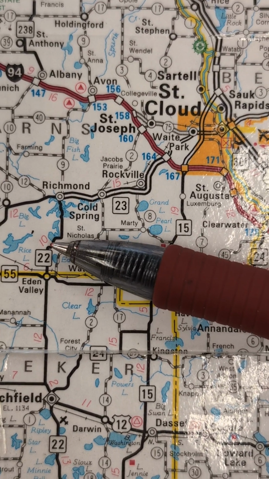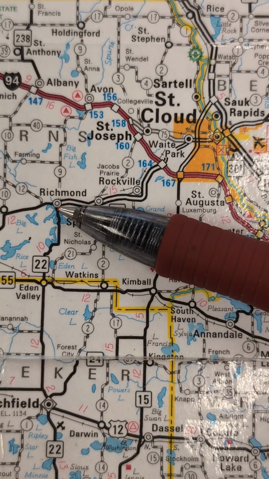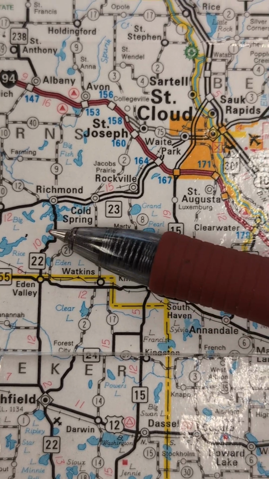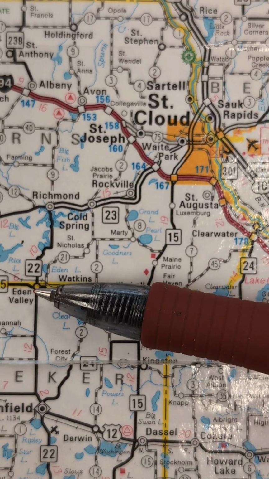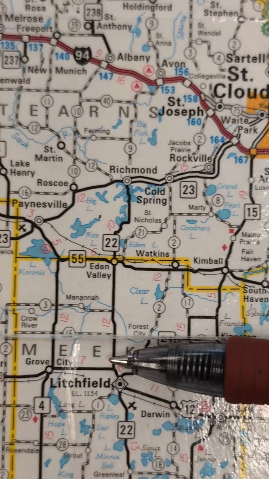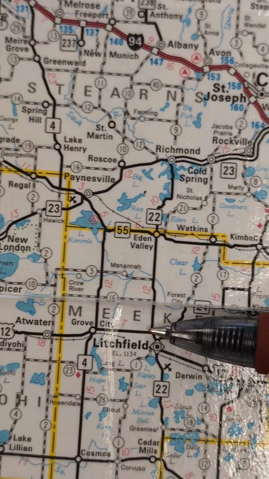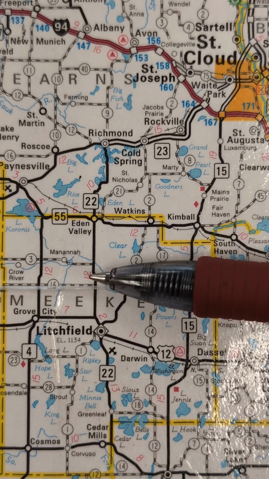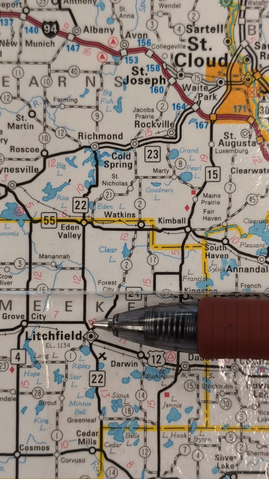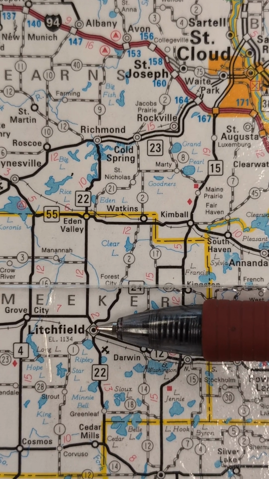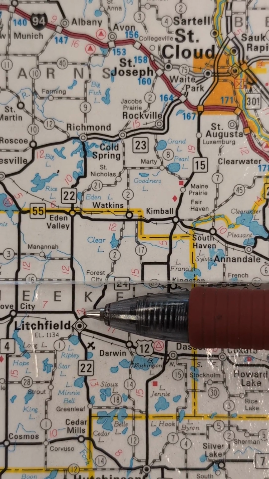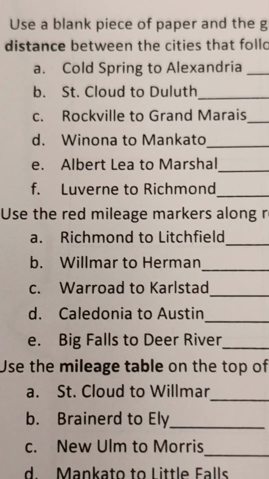And if you notice right here, it says 10. That means it's 10 miles from Richmond to this junction in Eden Valley of 55. So that's 10 miles. And they go from 55 to 12. It's another 12 miles. So 10 plus 12 is 22. And then there's this little tiny section of road before you get to the center of town. So it's 2. So it's 10 plus 12 plus 2, which is 24. So on here, you're going to put 24 miles.